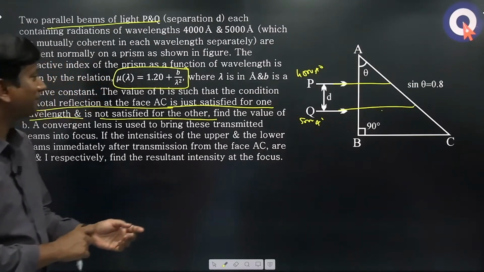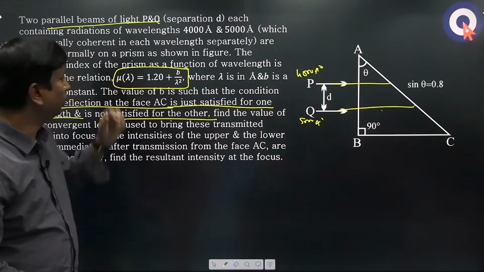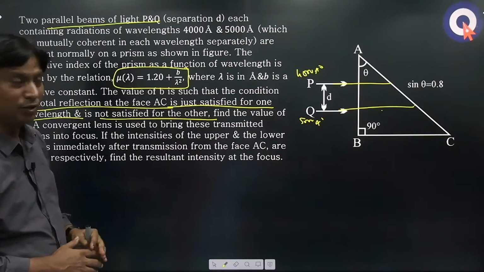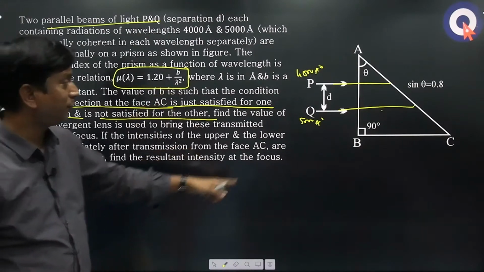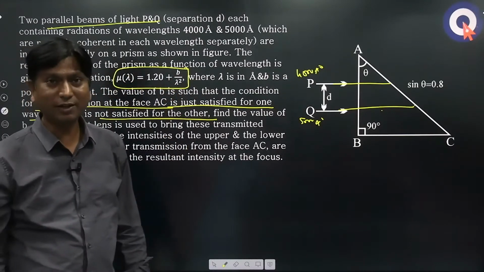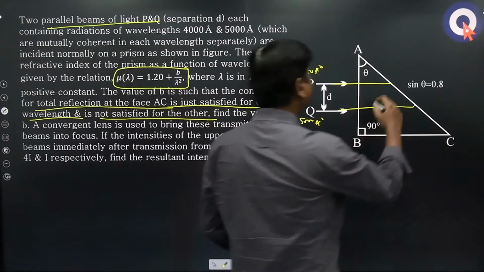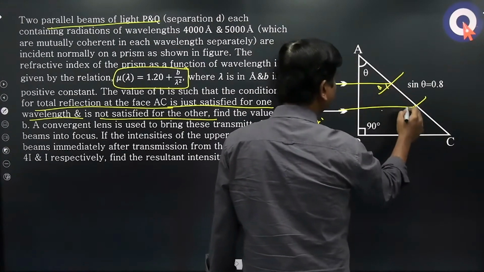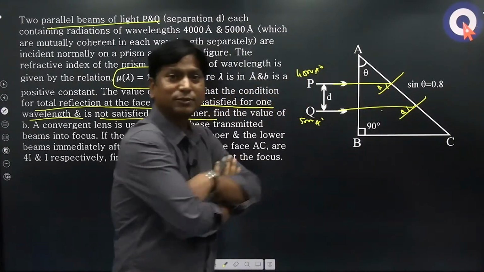First of all, for which wavelength is nu more? Nu is more for lambda less. So for 4000, nu is more. Right or not? And one more thing, both of them are falling at what angle? Theta only, no? Incident angle is theta only.